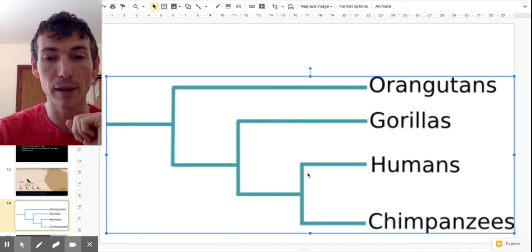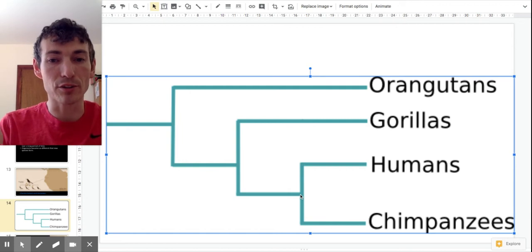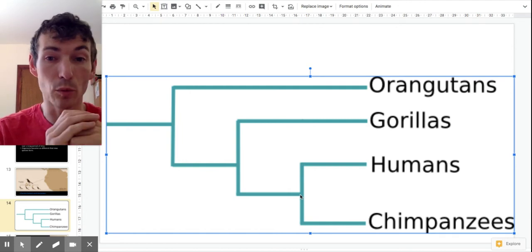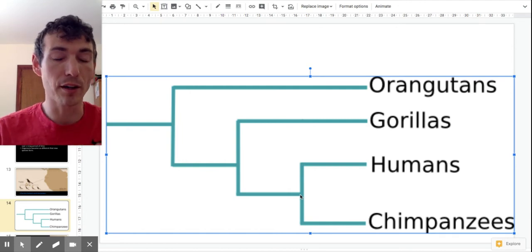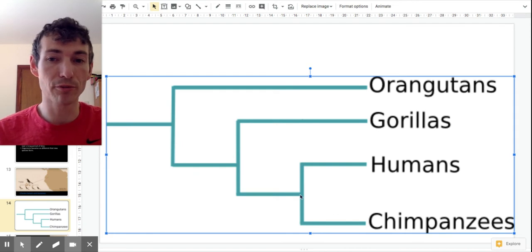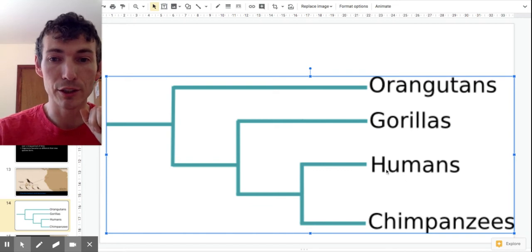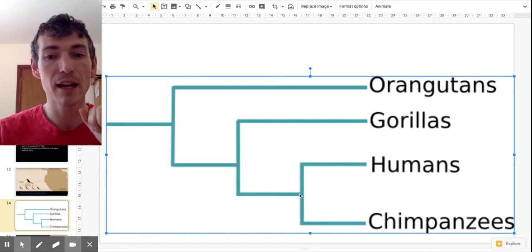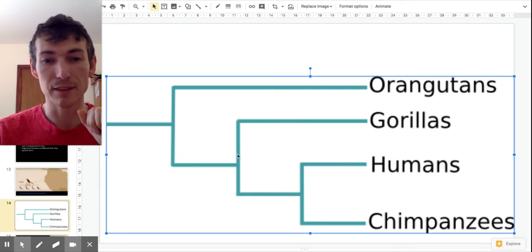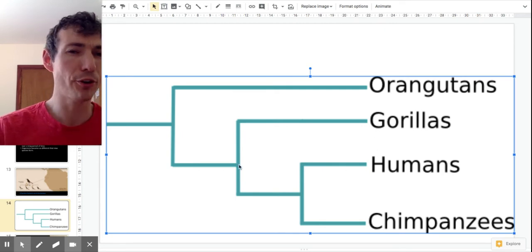If you go back in time, there's a place where this branches apart. There was a species at one time that branched apart, and one route went off to form humans and one route went off to form chimpanzees. So just to say that clearly again, humans and chimpanzees have a common ancestor. Gorillas and humans have a common ancestor further back along the line.